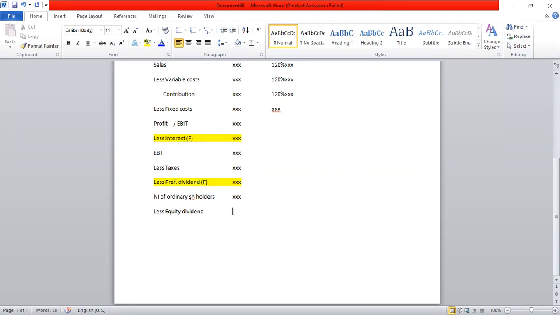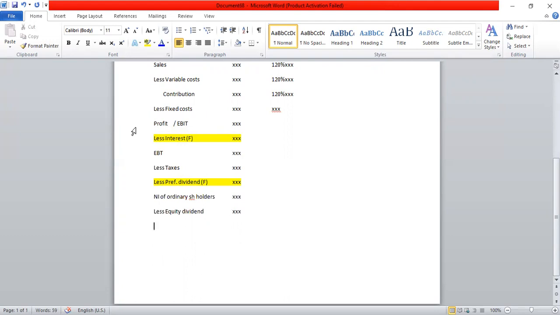So that is more than proportionate amount of profit will be available to ordinary shareholders is the concept, because there are two types of capital on which the cost paid is fixed in nature. Therefore, there would be more than proportionate profit. If there is a percentage increase in EBIT, there would be more than percentage increase in the profit available to equity shareholders, because the interest amount and the preference dividend amount, both of them are fixed in nature.